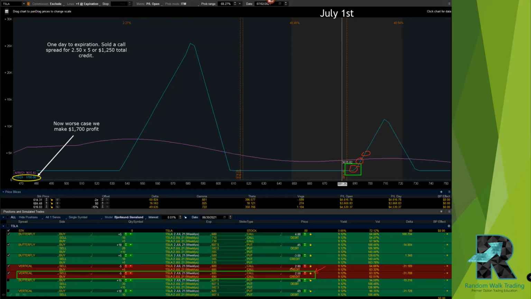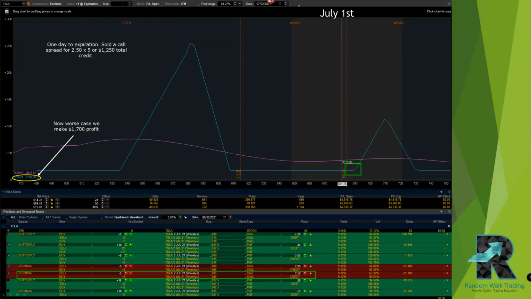So it's a 5-point spread. I collected 250, so I collected $1,250, and now worst case scenario is I can make $1,700. We're sitting here at 681, and we're hoping that Tesla goes into the butterfly, or if it wants to do a major pullback, it can go into this butterfly. So we're just looking for those different scenarios.